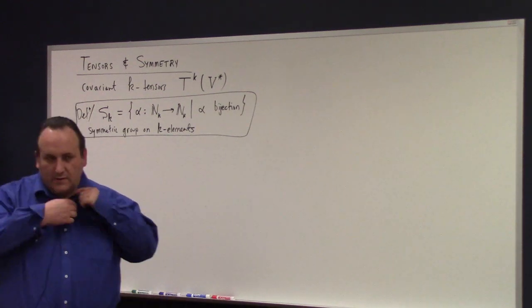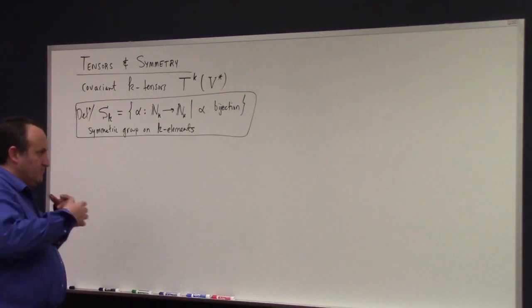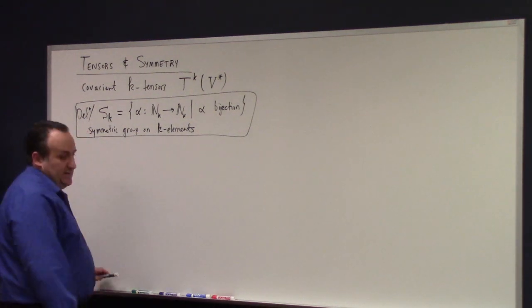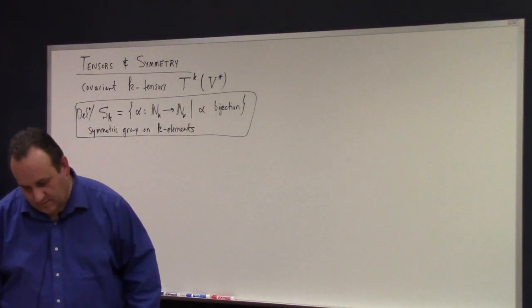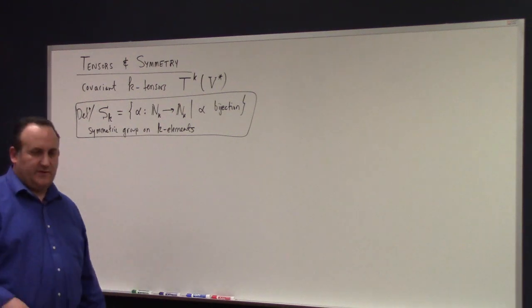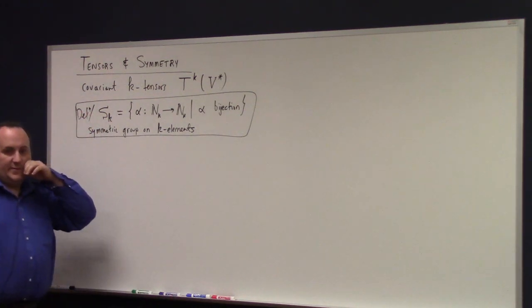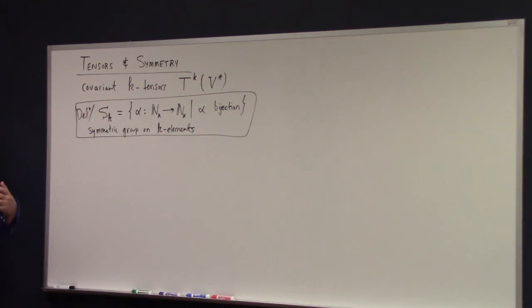Amen. All right, so I just have some final things to finish with chapter 12 on tensors. Hopefully not too long. Famous last words, right? So covariant k-tensors: what does it mean to be a covariant k-tensor on V-dual?